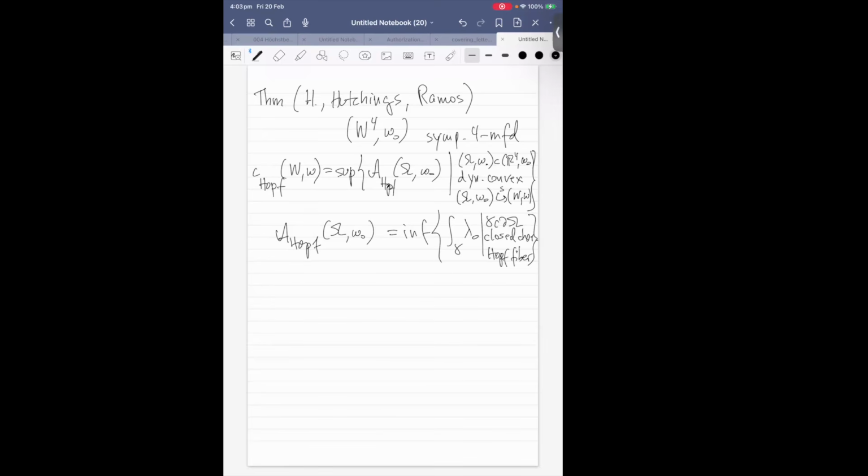For each star-shaped domain, infimum of actions of periodic orbits or Hopf fibers, and then you take the supremum of all possible embeddings of a star-shaped domain inside our symplectic manifold. And the theorem states that this C Hopf is a, I guess nowadays we have to say normalized symplectic capacity.